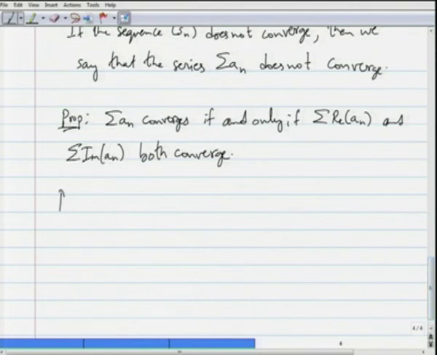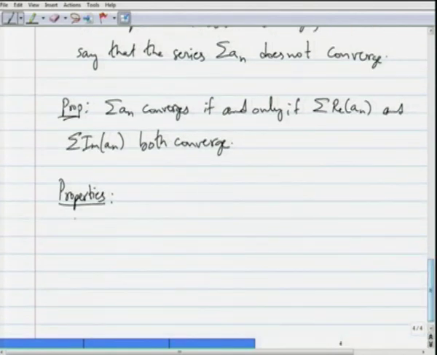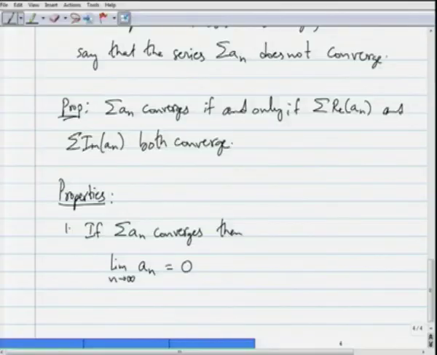So, we will now see some properties of complex series. Firstly, if sigma a n converges, then the limit as n tends to infinity of the nth term in the sequence from which we are constructing this series, the limit as n goes to infinity of a n, has to be 0.